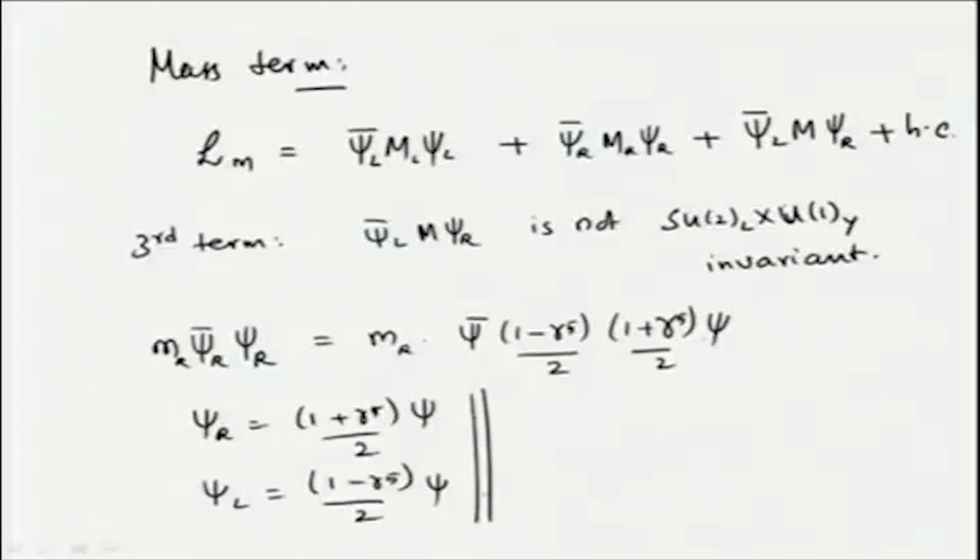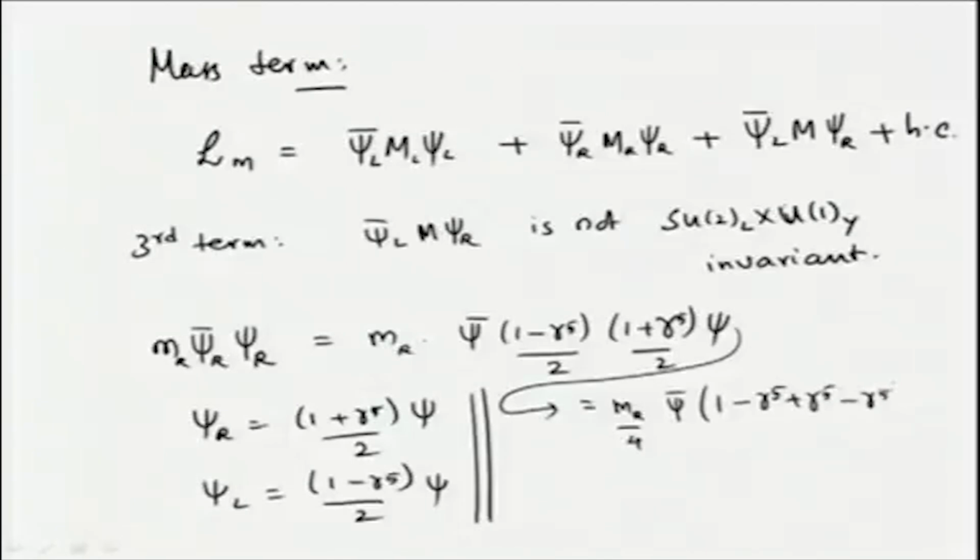Okay. So, this is equal to M_R by 4 psi bar (1 minus gamma 5 plus gamma 5 minus gamma 5 square) psi.